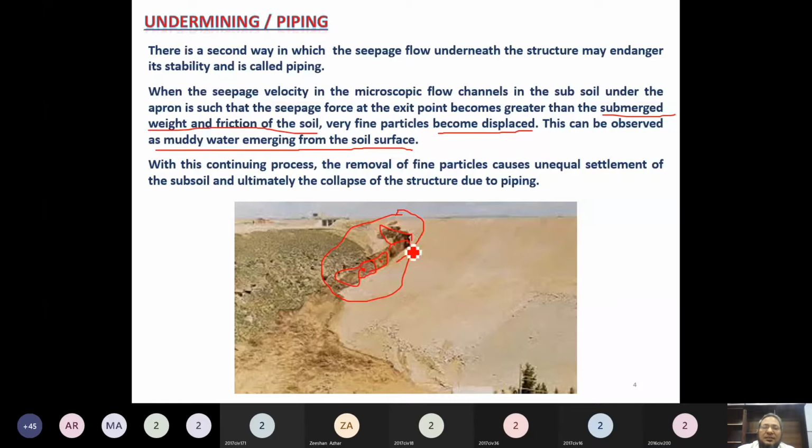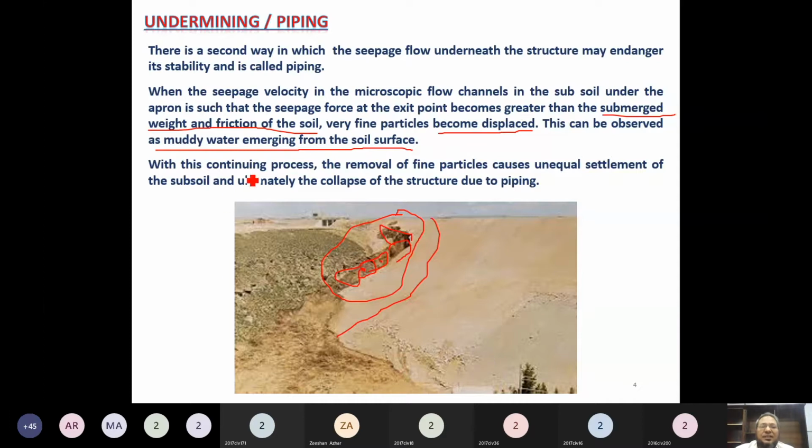Otherwise, some part of the dam could have broken, and finally it could have resulted in dam breakage. So this is undermining.